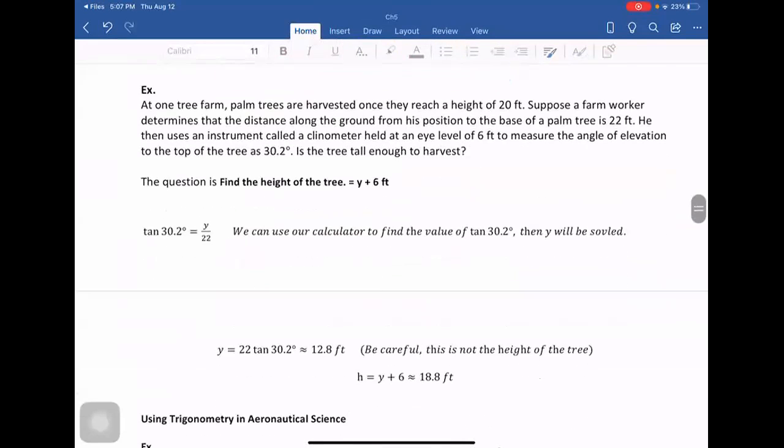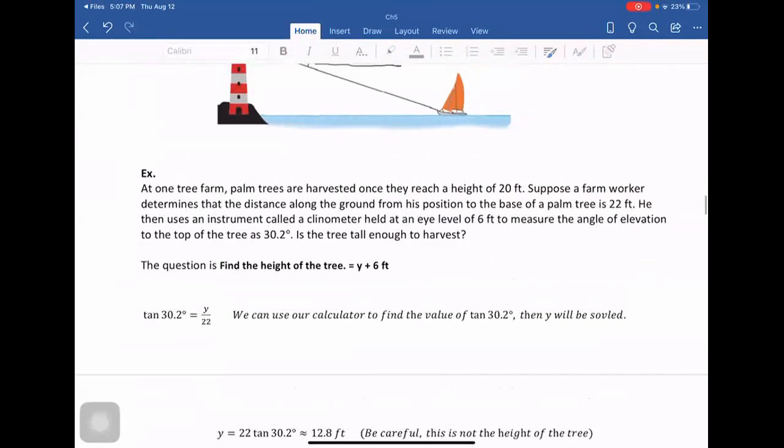At one tree farm, palm trees are harvested once they reach a height of 20 feet. Suppose a farm worker determines that the distance along the ground from his position to the base of the palm tree is 22 feet.